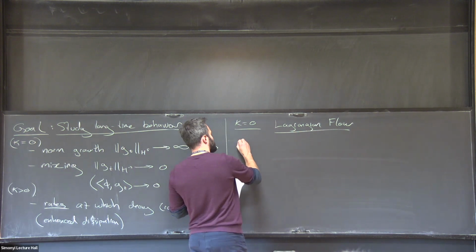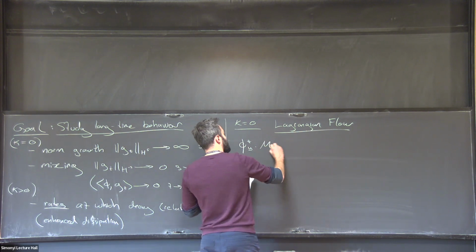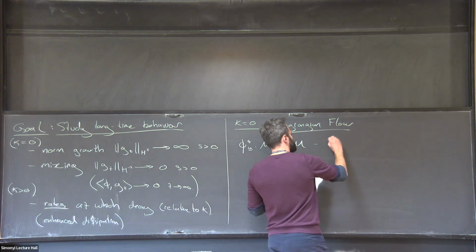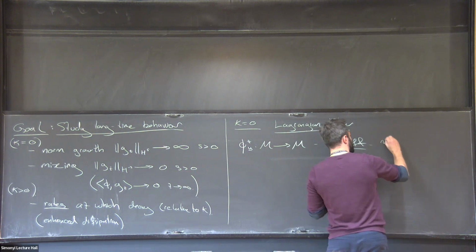So specifically, I'm going to define a flow of diffeomorphisms, phi t, u, which maps from the manifold to itself, and it belongs to SDiff, that is, the volume preserving diffeomorphisms.